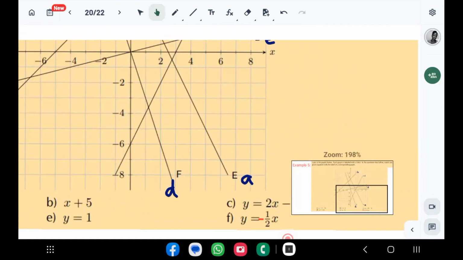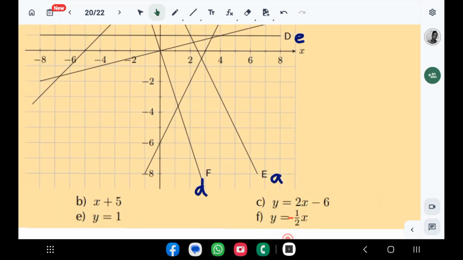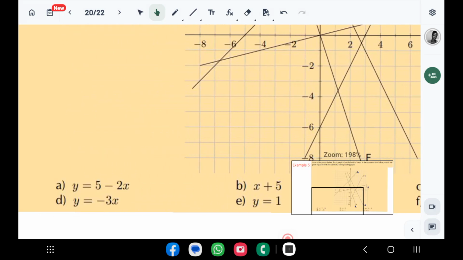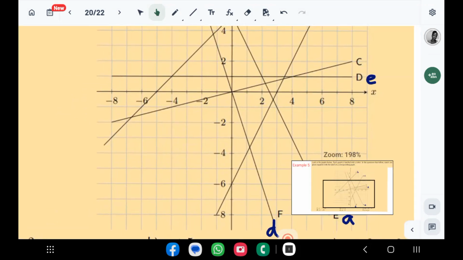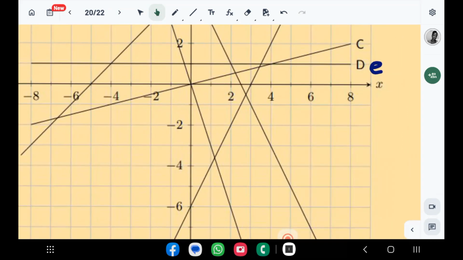Okay, the x-intercept is 0. I mean, the y-intercept is 0.